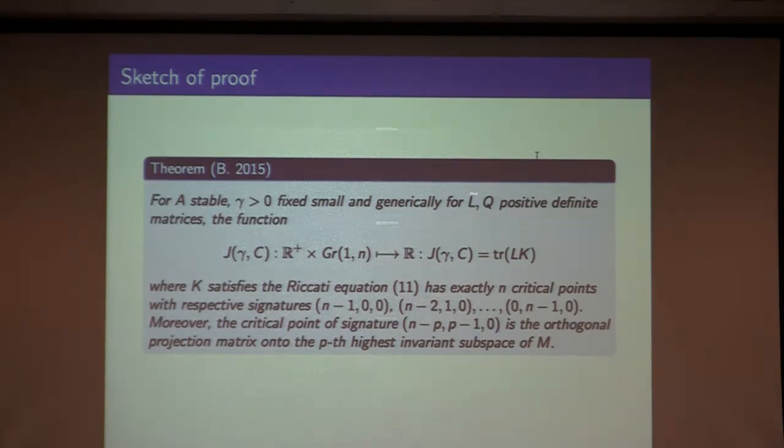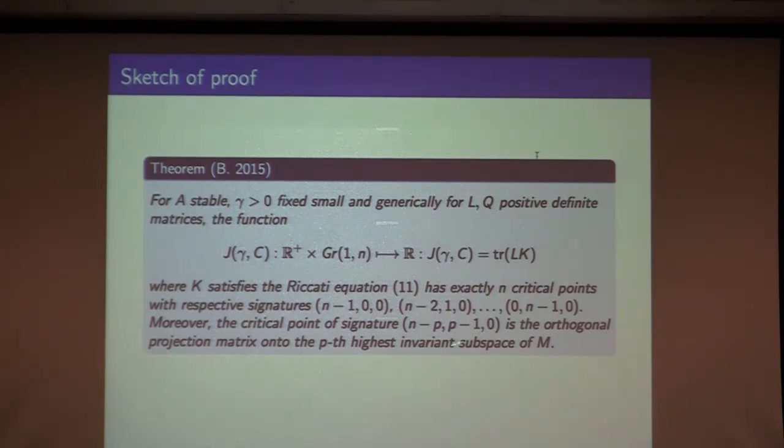Generically, for L and Q positive definite, when I restrict myself to the case of scalar observation, so p equal to 1, we can compute all the critical points of J. There will be n of them, where n is the dimension of the system, and here are the respective signatures. This is a minimum, this is a saddle point where you decrease in n-1 directions and go up in 1 direction, and so on, all the way down to the maximum.